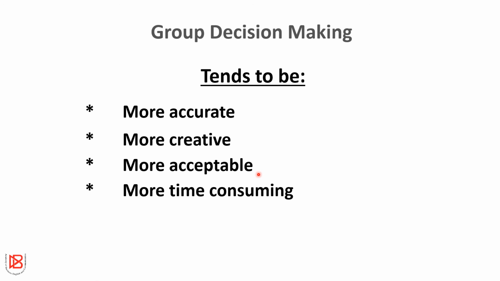So they would ensure that the implementation is done with 100% effort. So yes, it is more acceptable, more accurate, more creative. Why more accurate? Because different perspectives come in. More creative because, again, the same logic: people from different walks of life, different statuses in society, and different organizations are bringing in new ideas. So those are the advantages of group decision making: more accurate, more creative, more acceptable, and definitely more time consuming.